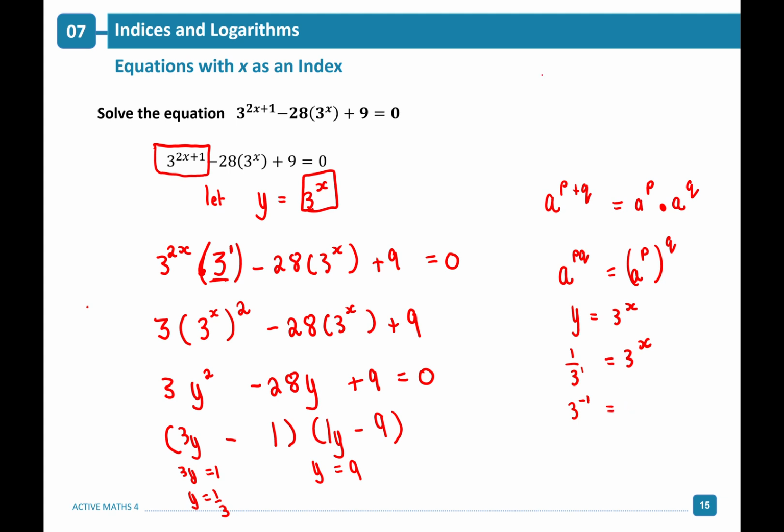We know that 1 over a to the power of p is the same as writing a to the power of minus p. We now have the same base, so we can equate our exponents. Minus 1 is equal to x. And 9 is equal to 3 to the power of x, which means 3 squared equals 3 to the power of x, and x is equal to 2.